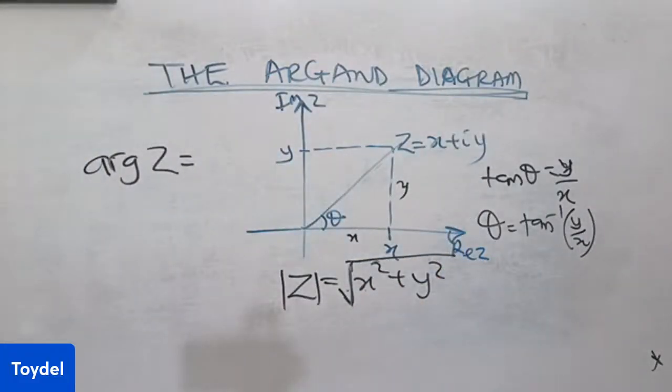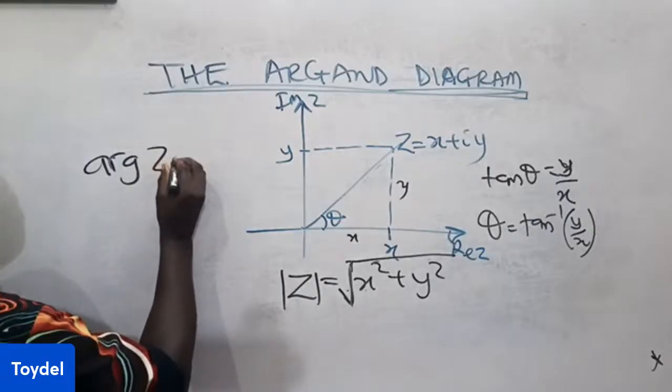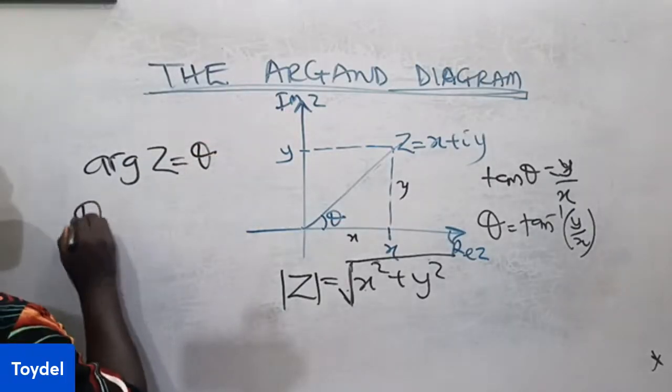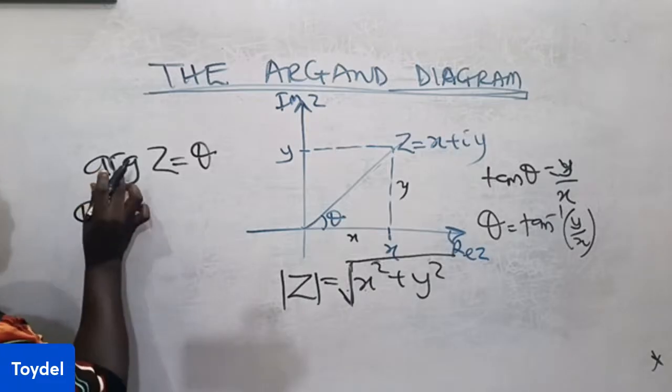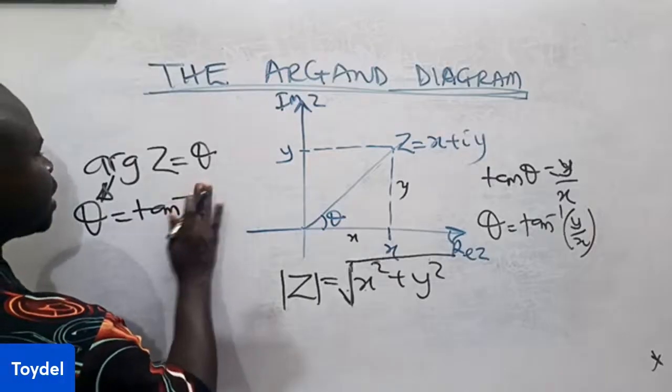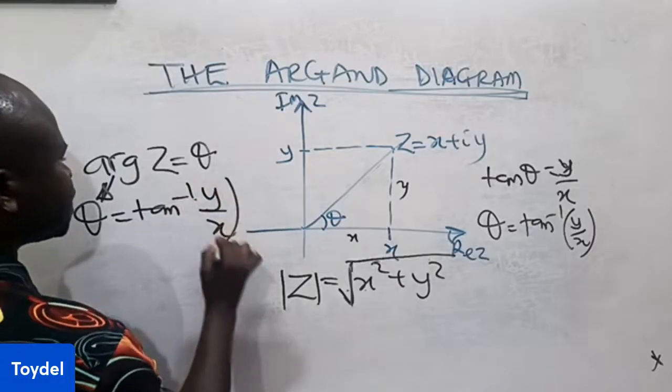So theta, which represents the argument of Z, is given as arctan of y all over x. The argument of Z is the same thing as theta. That's what we are going to get.